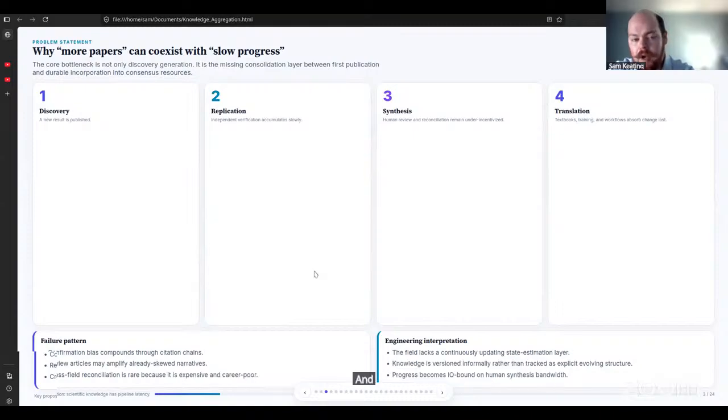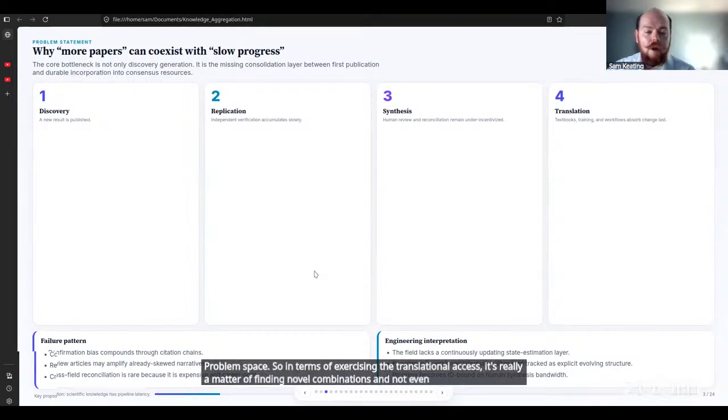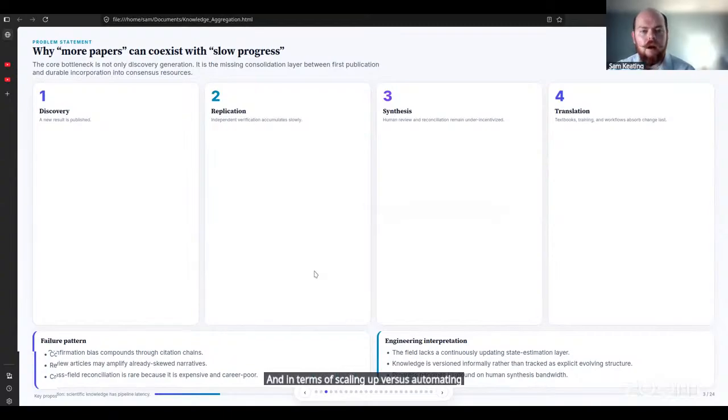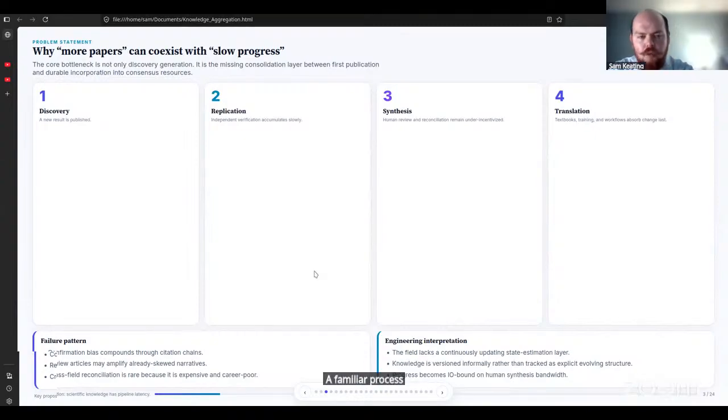And then you have solution frameworks that either haven't been explored yet or just haven't ever been entertained in a certain problem space. So in terms of exercising the translational axis, it's really a matter of finding novel combinations, and not even necessarily a brand new invention or discovery from scratch. And in terms of scaling up versus automating, automation can sort of be envisioned as this way of taking a familiar process and making it more efficient, more effective, something along that axis.